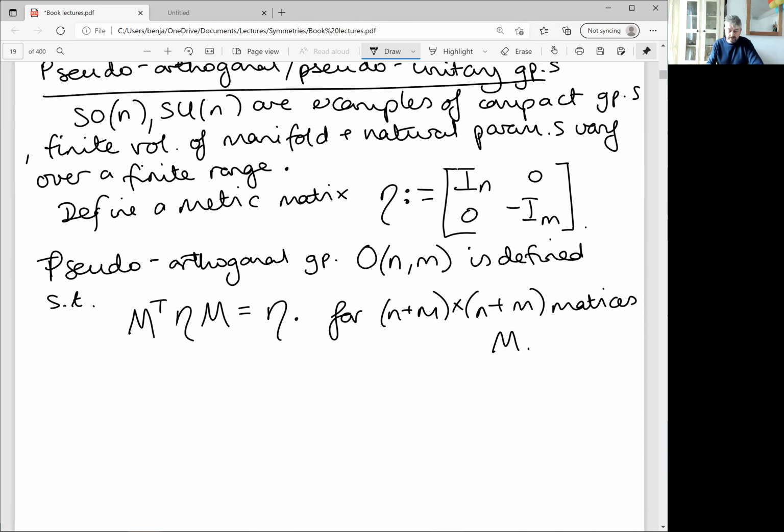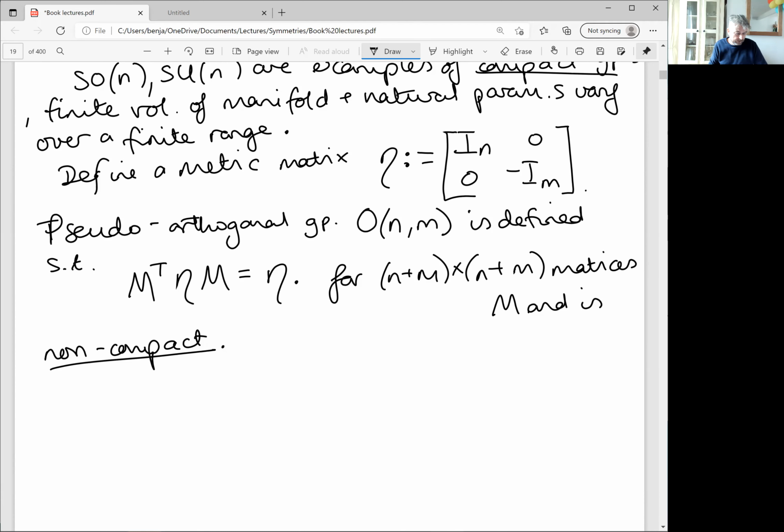And now this is non-compact. The group manifold has infinite volume, and some of the natural parameters can vary over an infinite range. You can always transform parameters to get rid of that, but these are the natural parameters.